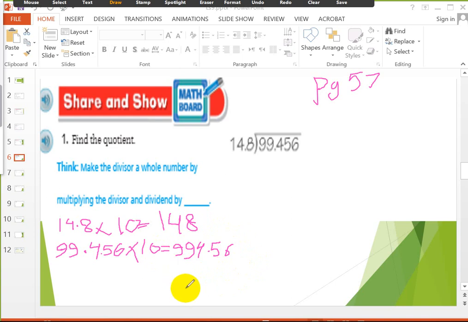Someone maybe will ask me, teacher, the dividend has a decimal here. It's okay, because before this lesson we learned how to divide a decimal number by a whole number. So my issue in this lesson is only the divisor. If the divisor is a whole number, it's okay, I can divide.